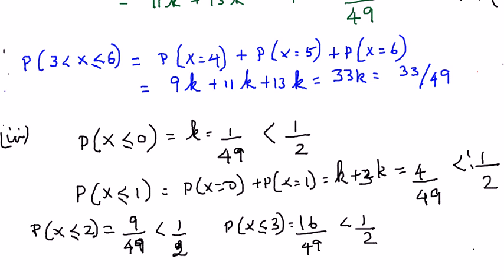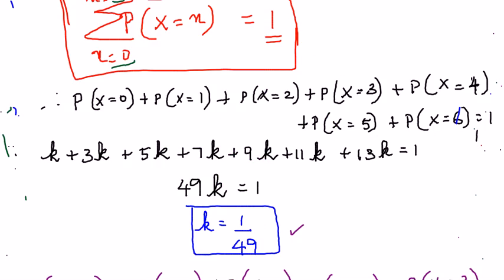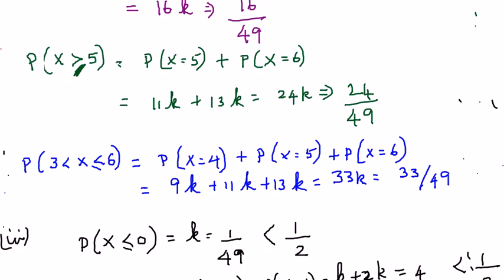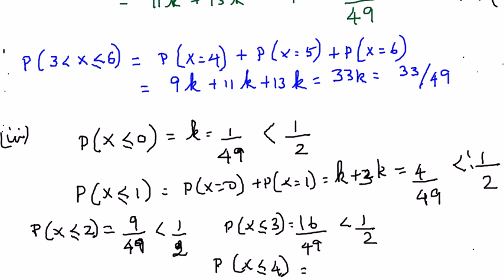Now let's try P(X less than or equal to 4). It's going to be k plus 3k plus 5k plus 7k plus 9k. So basically it is going to be 16k plus 9k, which is 25k, so 25 by 49.